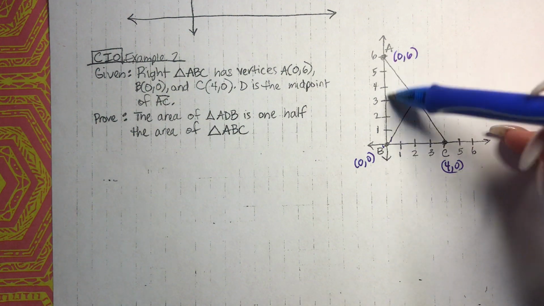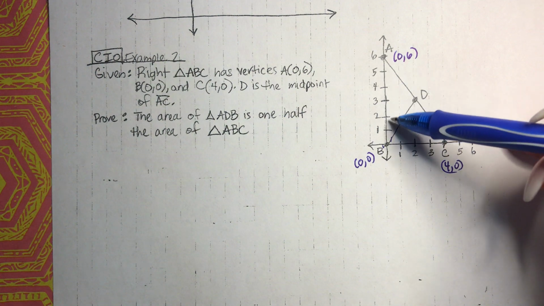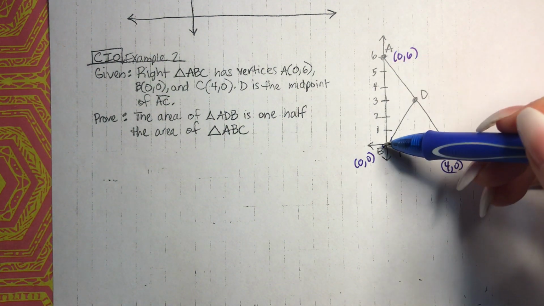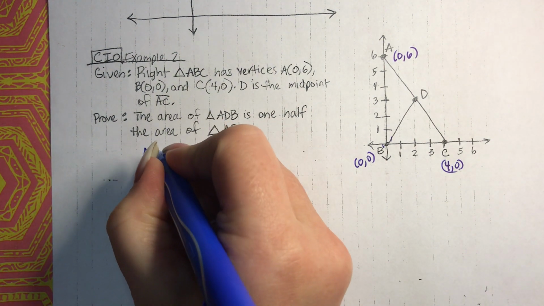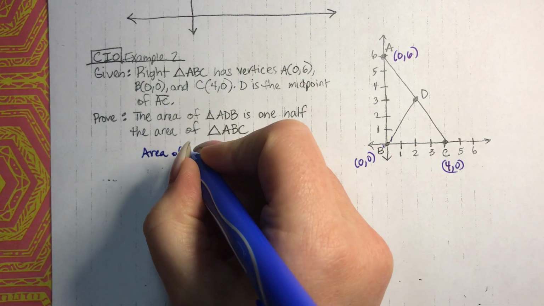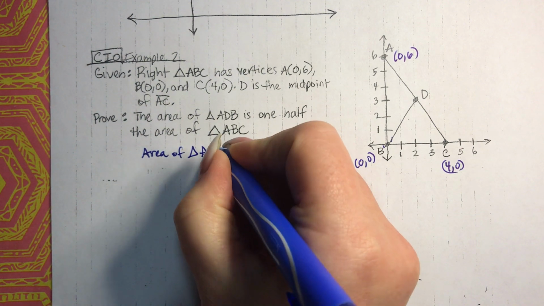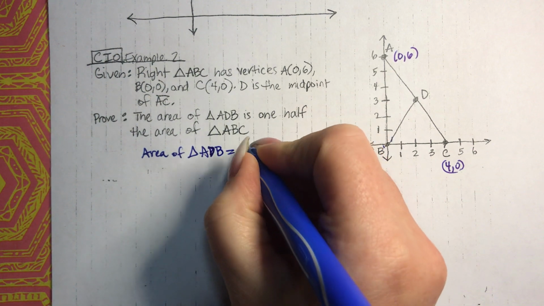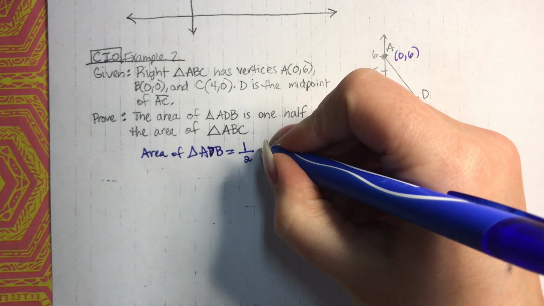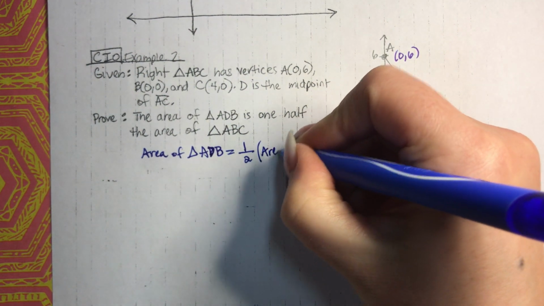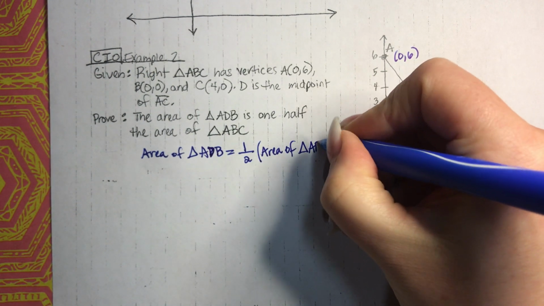So ADB, this triangle right here, this is small, right? We need to prove that this is 1/2 the size of the big triangle. So we're finding that the area of triangle ADB is 1/2 times the area of triangle ABC.